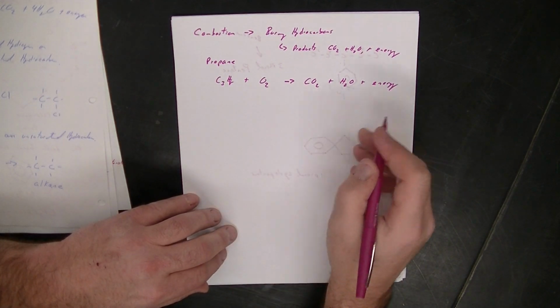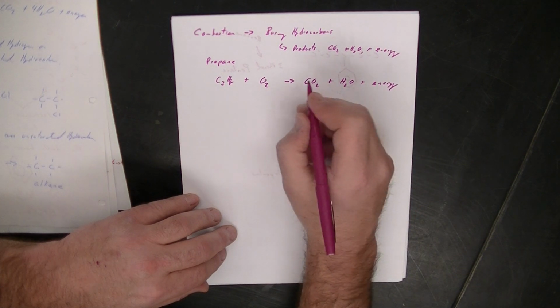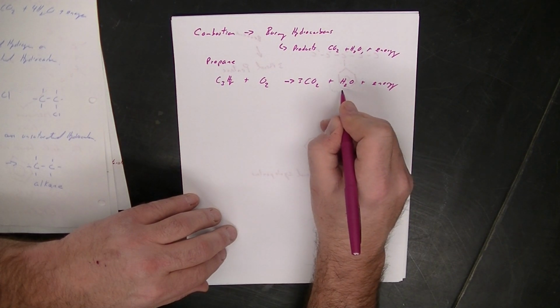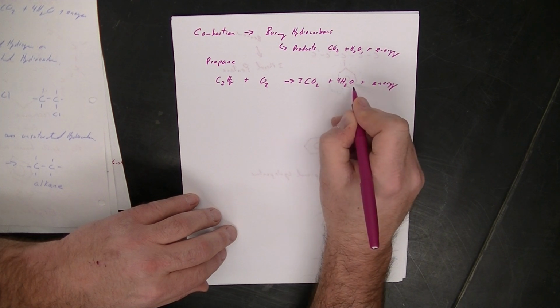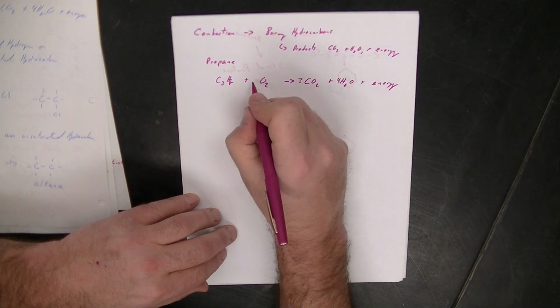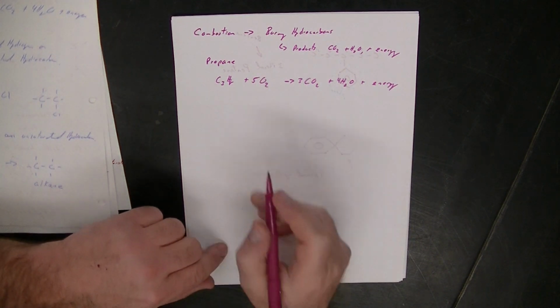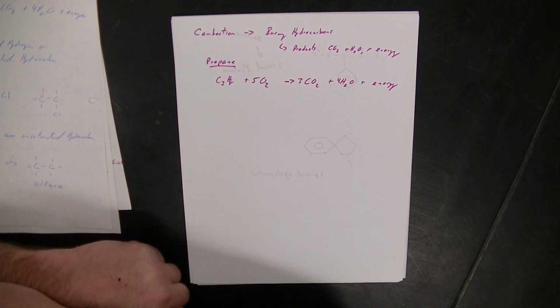Then if we balance this, we're going to need 3 of these, 4 of those, and 5 of these. So here's the balanced equation of our combustion reaction of propane.